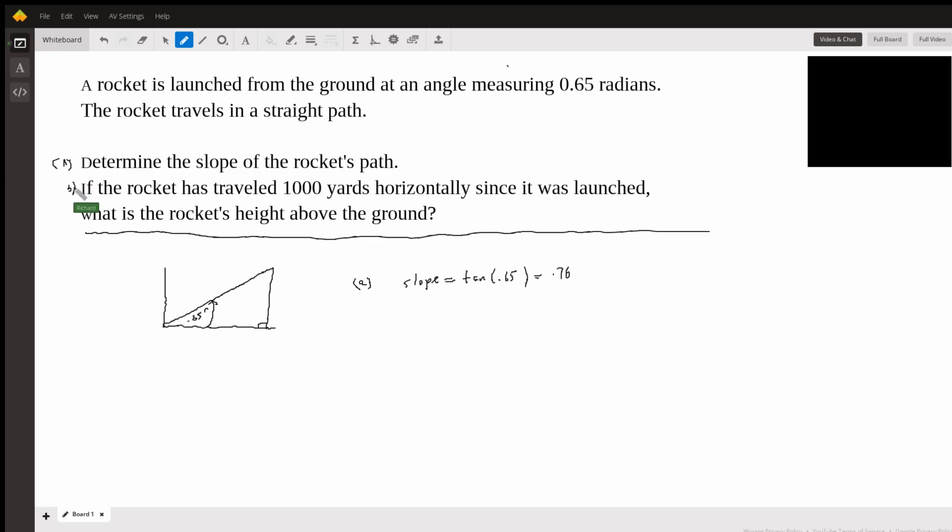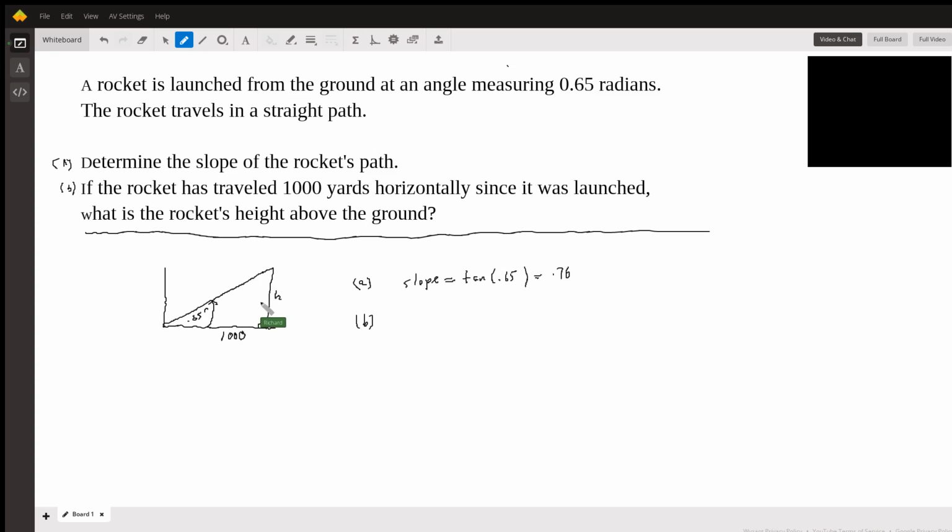And this is part B here. So part B now, if the rocket has traveled 1,000 yards horizontally, so that's 1,000 there, what's the height? This is just a straightforward SohCahToa thing.